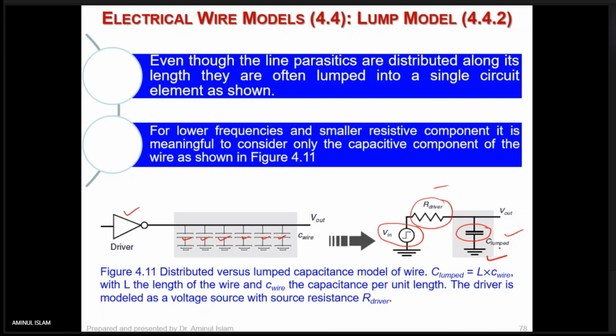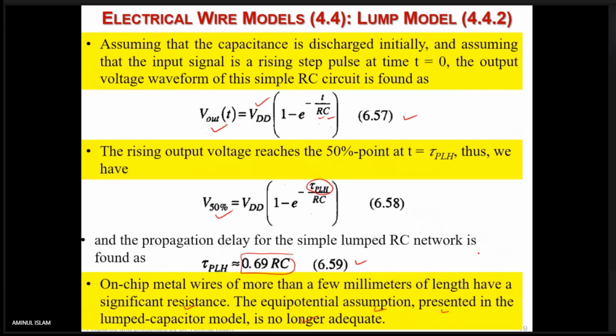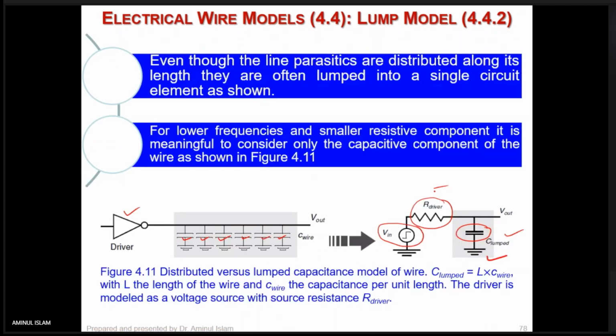This is the simplest model of a wire. Only capacitance is considered because the wire may be very short and have wider dimensions, so resistance is less. So we can consider only capacitance, assuming that this lumped capacitance is initially discharged.